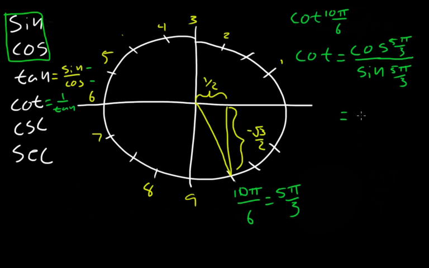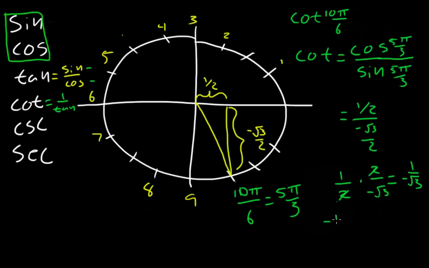This fraction goes all the way over. So the cosine of 5 pi over 3 is simply 1/2, and the sine of 5 pi over 3 is negative square root 3 over 2. Again, we multiply by the reciprocal, so this is going to be 2 over negative root 3. Your 2's are going to cancel out, so this is equal to 1 over negative root 3. Now remember, your teachers don't like to have radicals on the bottom. Even though it's the exact same value, we want to clear the radical from the bottom.